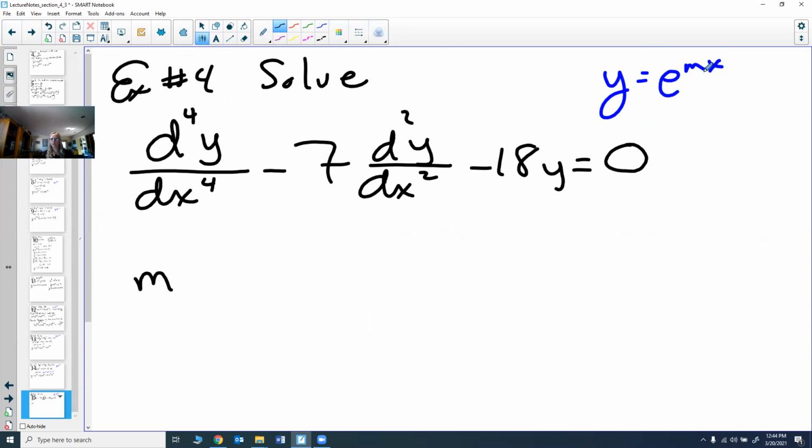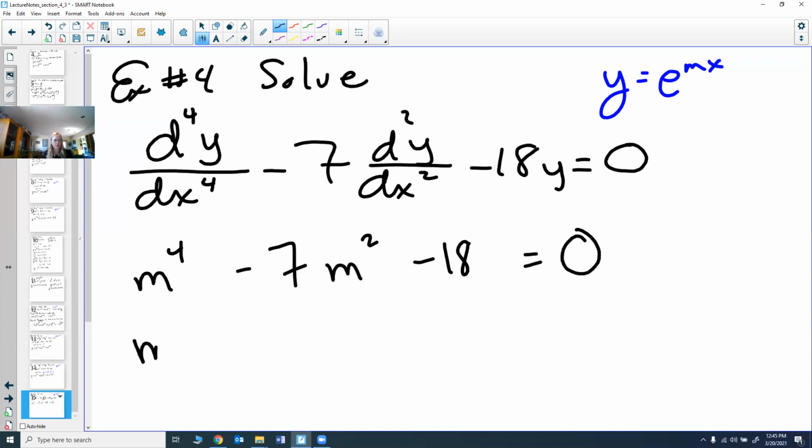So if you take the fourth derivative of e to the mx, you're going to get m to the fourth times e to the mx minus 7m squared e to the mx minus 18 e to the mx. Pull that e to the mx out, factor it out, it's gone, equals 0. So now you have this equation to solve.